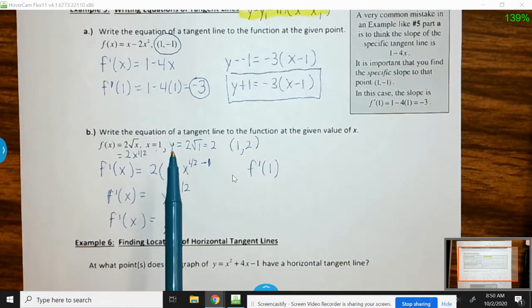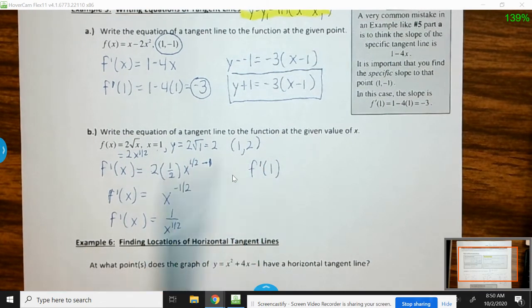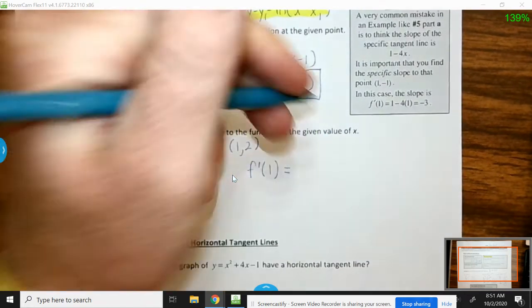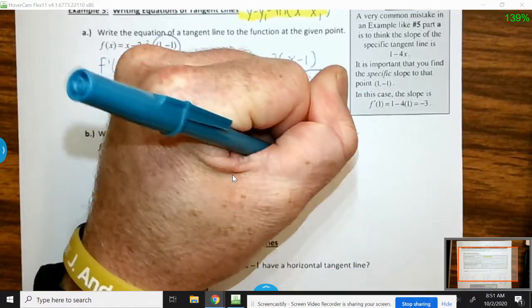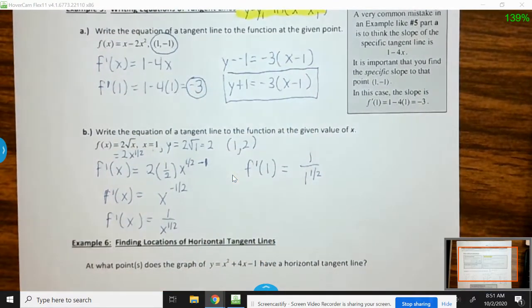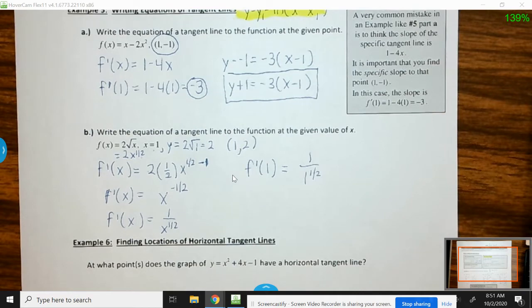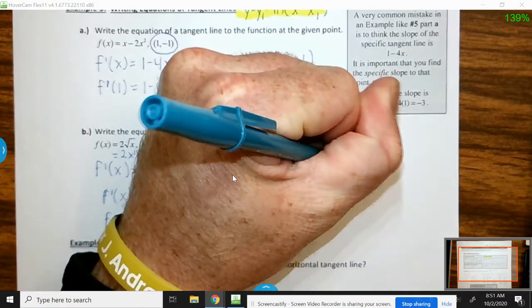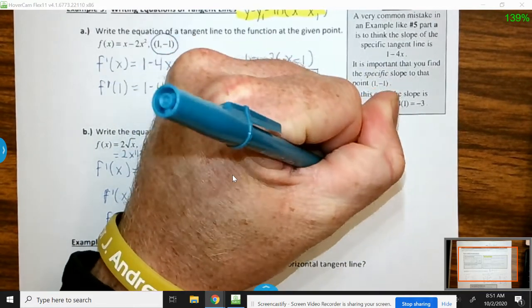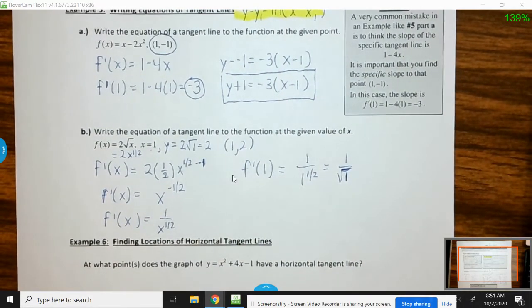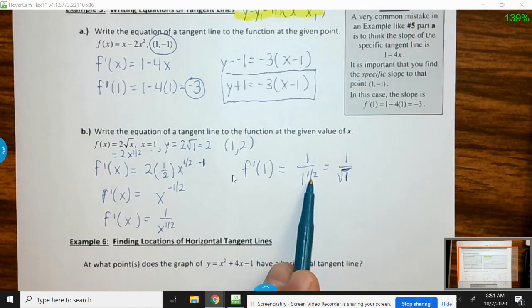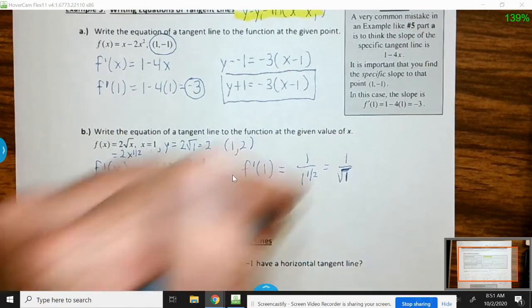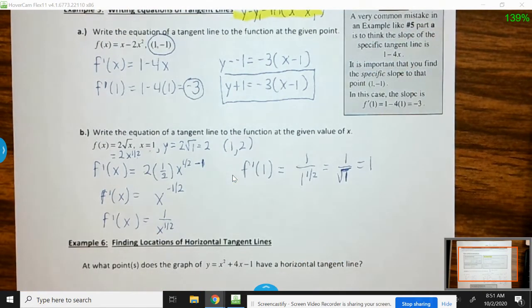The specific point is this x value of 1. F prime of 1 then is 1 over 1 to the 1/2. Now you're probably thinking to yourself, what does that mean? What's 1 over 1 to the 1/2? Another way of doing that would be 1 over the square root of 1, just for the purposes of evaluating, right? Anything to the 1/2 power is just a radical. Well, 1 over square root of 1 is just 1.